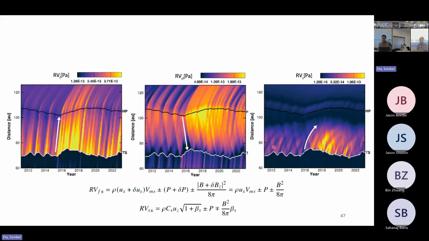What about the mirror mode? Would you see any evidence of the mirror mode with this kind of diagram? Yes, you would. That would actually be very interesting too. The mirror mode is first of all much smaller scale than this, so it wouldn't be in these kinds of simulations.